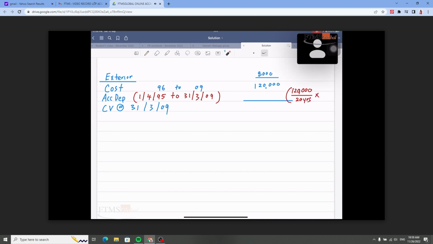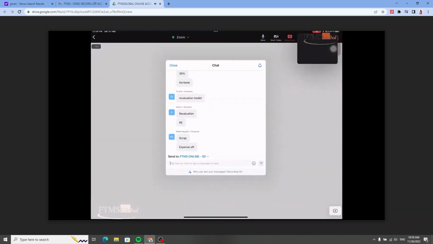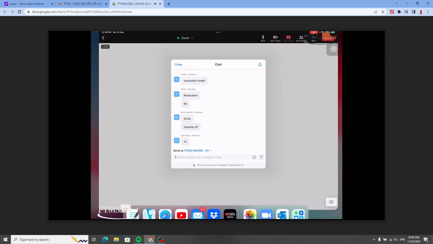Of course, this one depends on your mathematics. Counting years is something I can't help you. From 96 to 09 is how many years? You can use your finger to help you. Nobody will look at you, don't worry. 96 to 09 is how many years? 14. Very good.